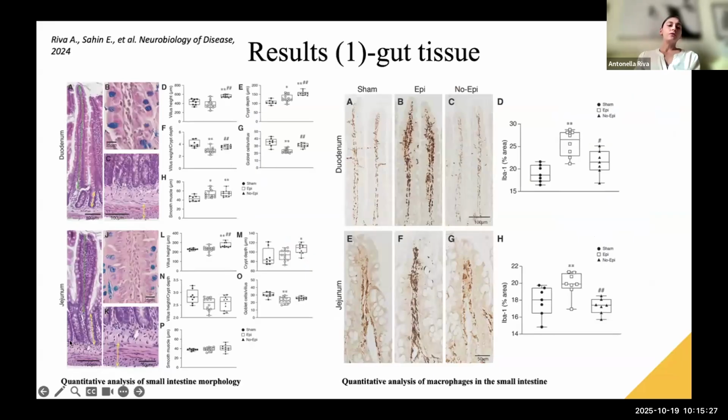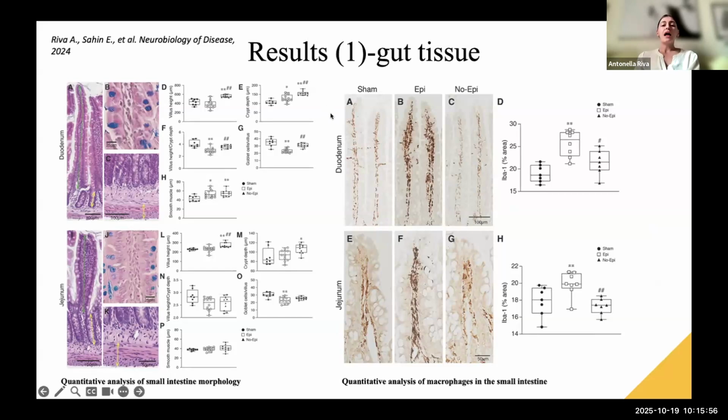What came out in both the duodenum and jejunum was that the ratio between the height of the villus and the depth of the crypt was consistently different in the rats who developed epilepsy compared to those who did not develop epilepsy and the controls. This means there were histological changes in the gut of those animals.